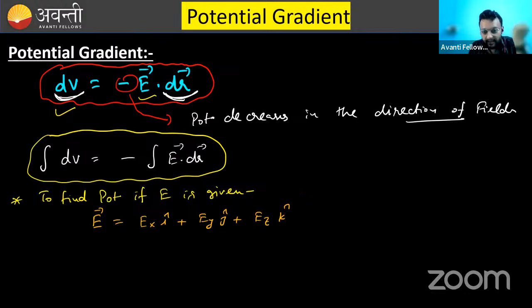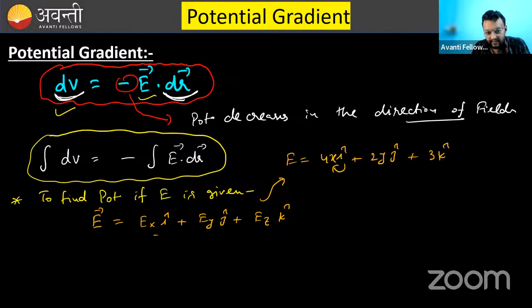But if I talk about an example, the field will be something like 4x i cap, 2y j cap plus 3 k cap. So the component which is attached with the i cap is known as Ex. The component which is attached with j cap is known as Ey and similarly Ez. This is the general form.